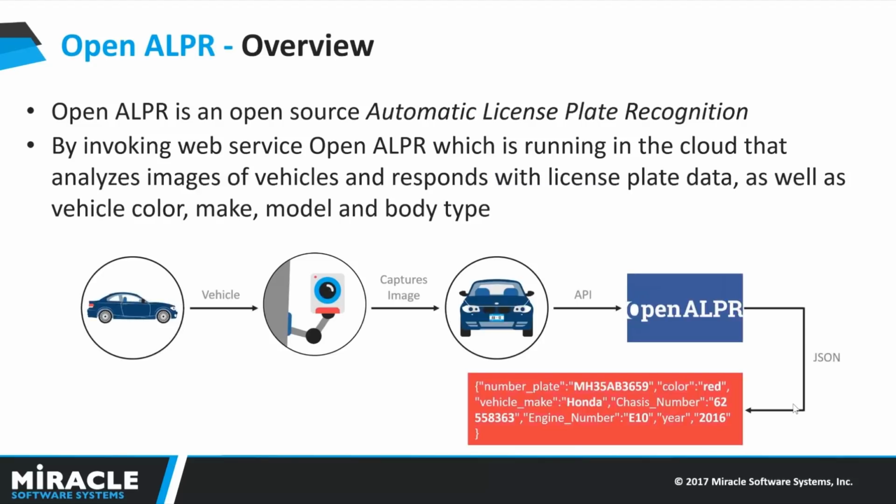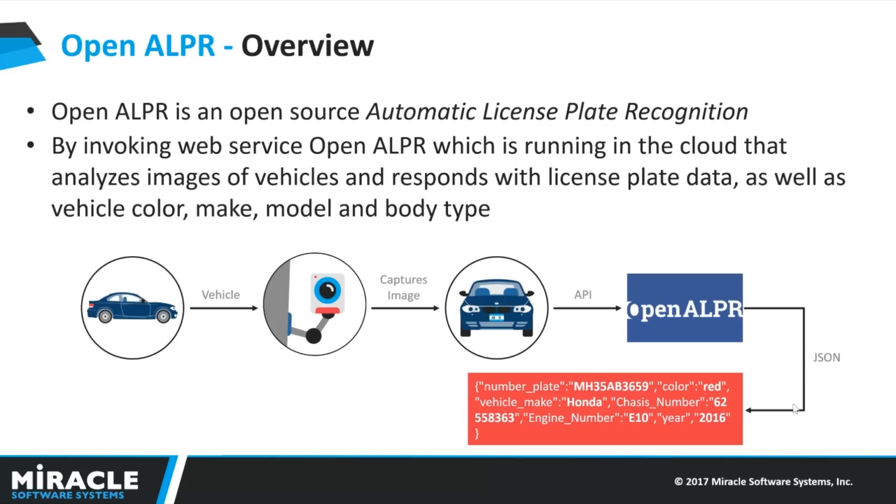OpenALPR, I'm just going to take at a very high level. OpenALPR is open source automatic license plate recognition, as I mentioned in the previous slides. We have a REST API exposed from the OpenALPR platform, which takes in the image of a car or bike, or whatever has a license plate with a number.